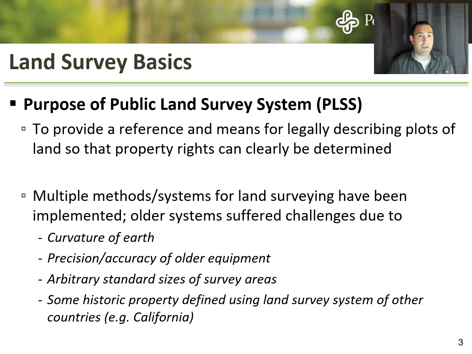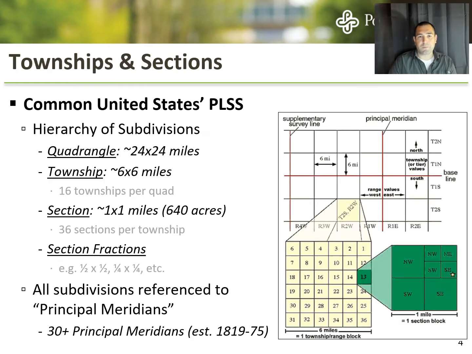Not all of them are, and some of it has to do with error, some of it has to do with old equipment, some of it has to do with the curvature of the earth. There's a lot that goes into it, so none of this is as cut and dry as you might hope, but we'll talk about it in broad brushstrokes.